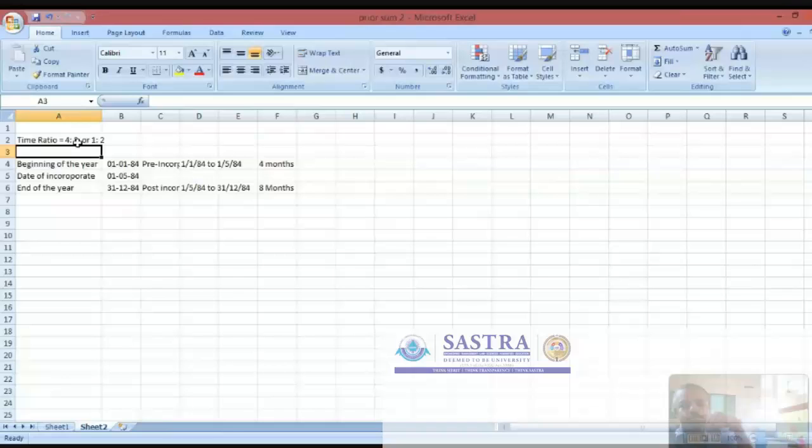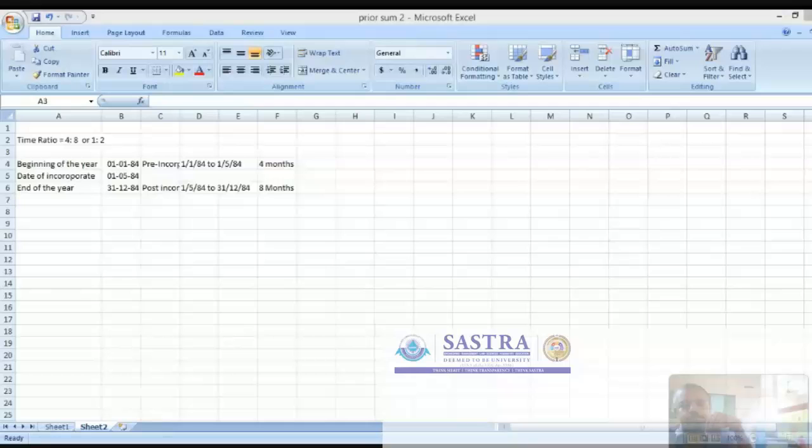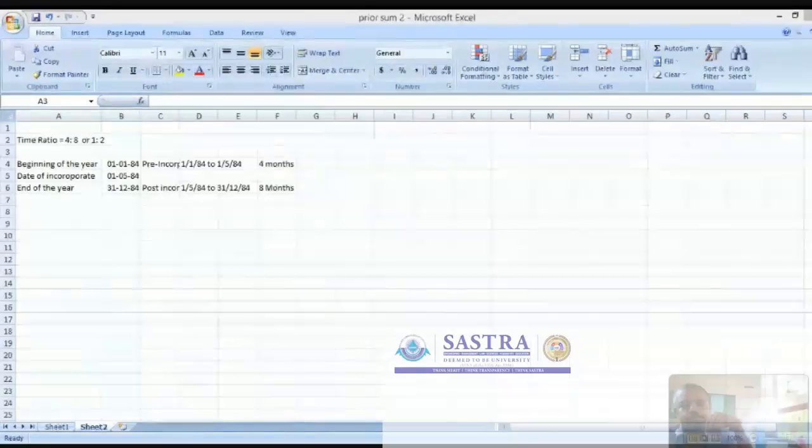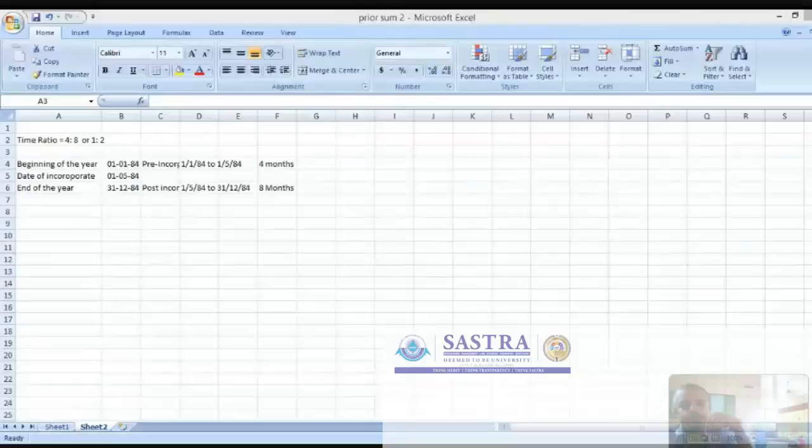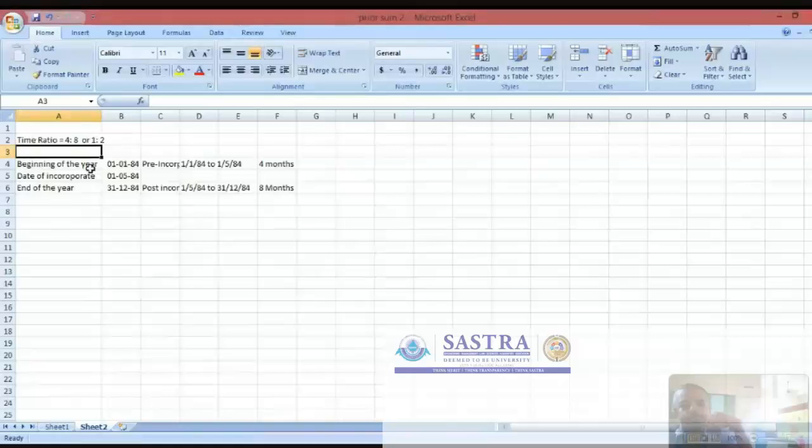Are you clear? For calculating time ratio, we need three pieces of information. One is the beginning of the year, second the date of incorporation, third the end of the year. Beginning of the year till the date of incorporation we consider the pre-incorporation period, that is 1/1/84 to 1/5/84, which is 4 months.